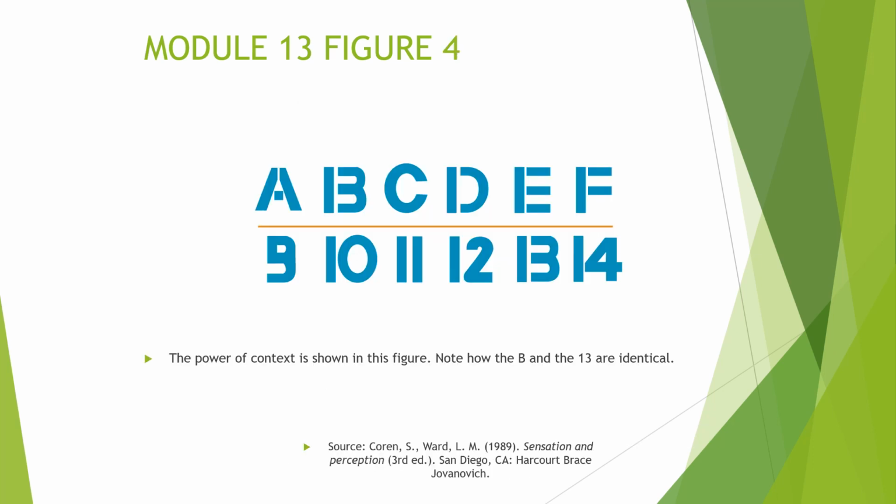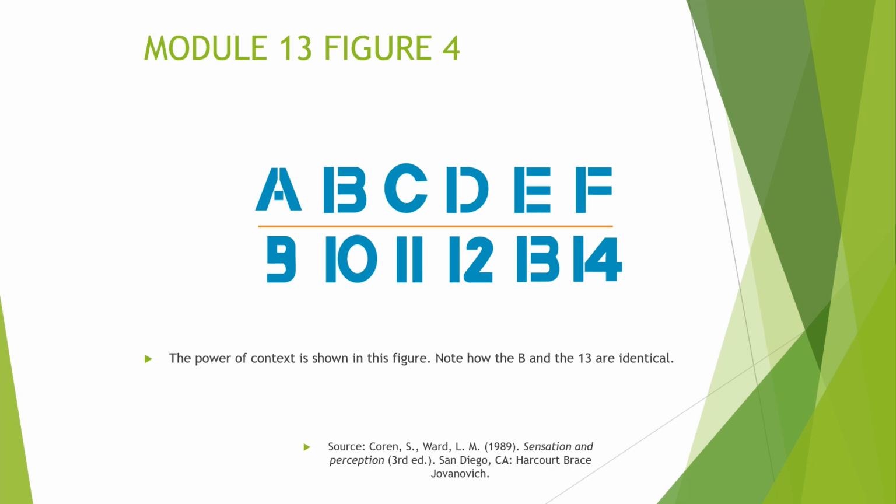We see the same one in this figure. This is on page 120 in your textbook. And this talks about how the power of context is shown in this figure. So the B and the 13 are identical to each other. However, the top row is letters and the bottom row is numbers.